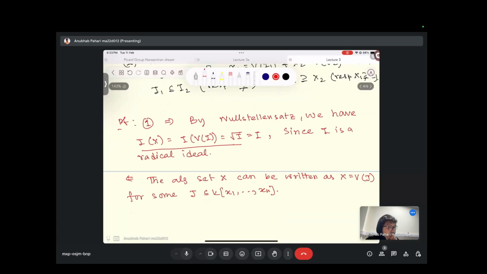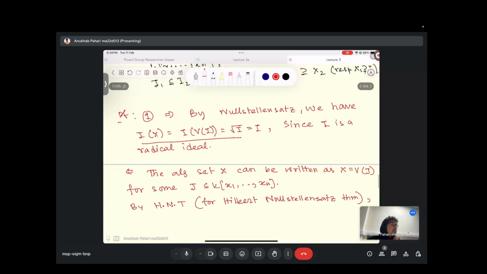Again, by Nullstellensatz, I will denote HNT for Hilbert Nullstellensatz theorem.